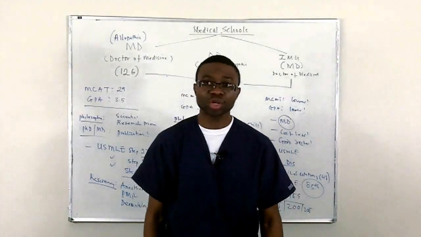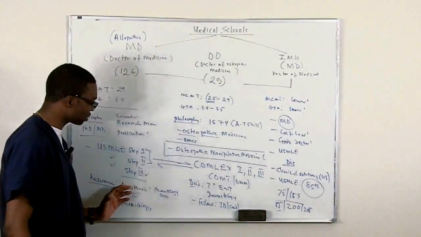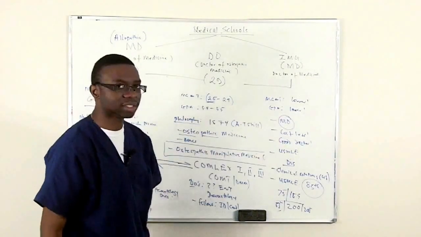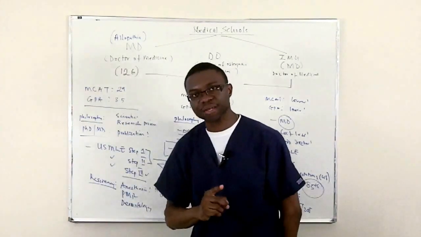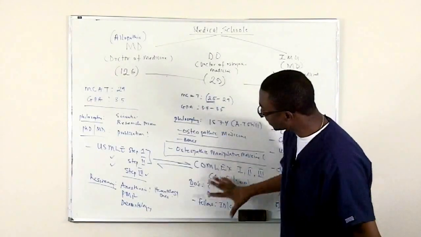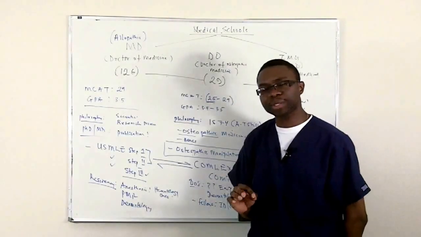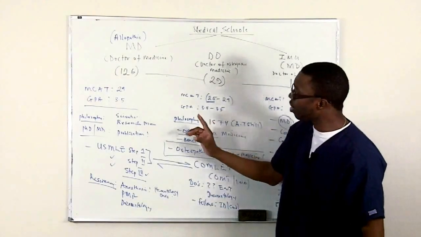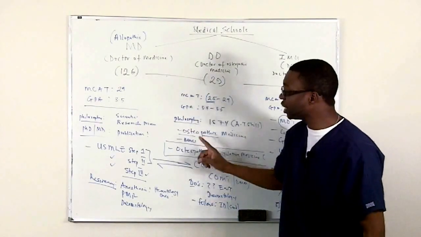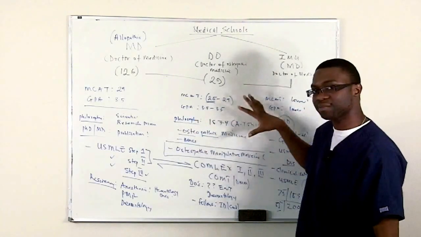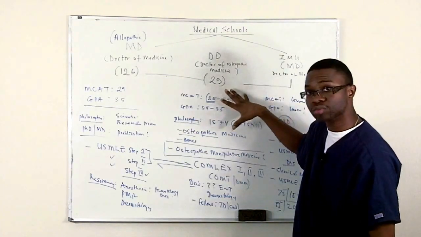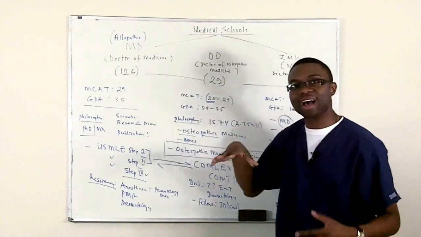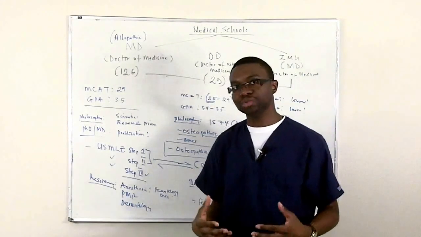Okay? So now that we've seen the differences between MD schools, DO schools, and IMGs, I have to say one more thing about what makes DO schools a little bit special. Although scientific research is not as extensive in DO schools compared to MD schools, DO schools still have faculty members that do research.